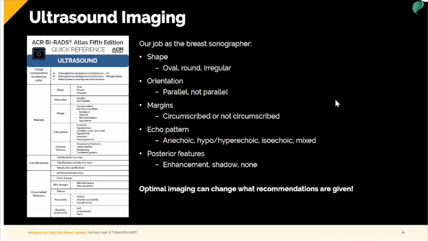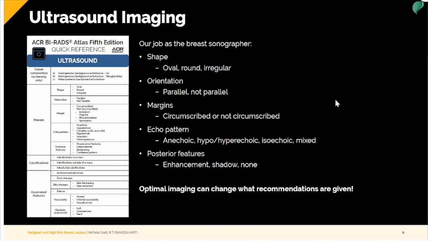The echo pattern. This one's very important that as the sonographer, you start to get used to using these words. And I know at first it's very hard to get used to it when you really don't understand it. So try to use it, maybe talk to your radiologist, say, is that the correct way to use this term? And that's how you'll become more comfortable. So echo patterns such as anechoic, meaning that it's black, there is no echoes within it.